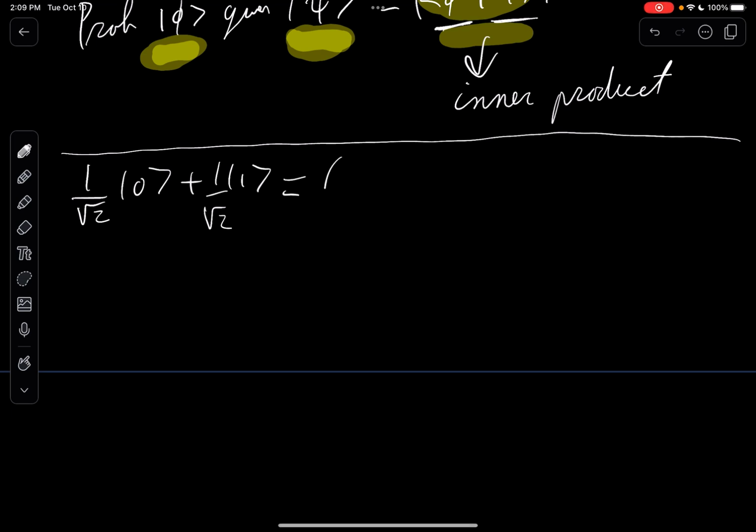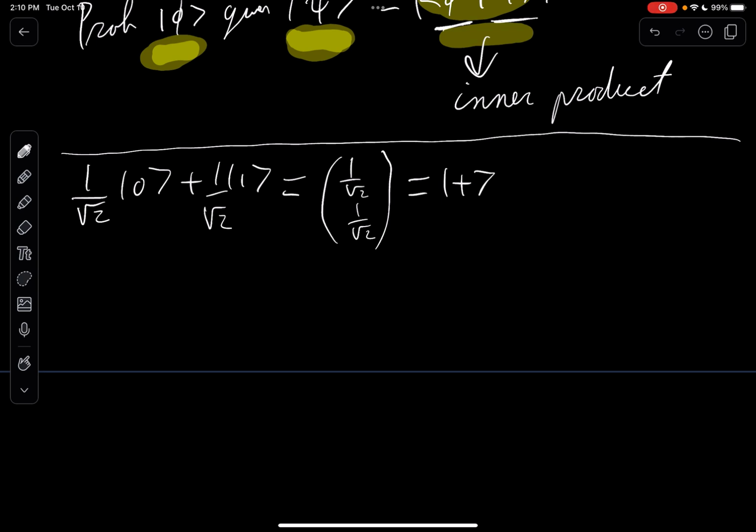When we write it down as a vector, we just get this. This state is also called the plus state. If you want to think about this geometrically, it's a state that is pointing right on this sphere.